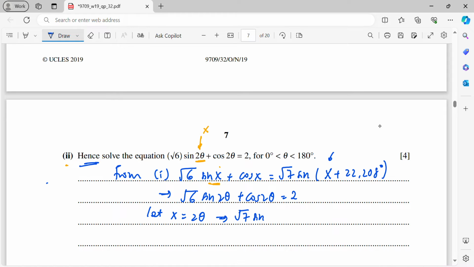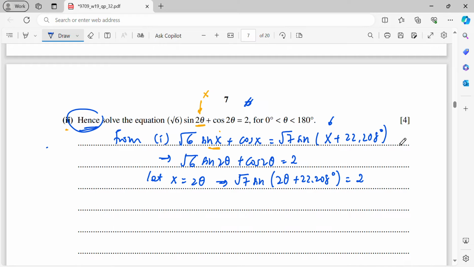So square root 7 sine 2 theta plus 22.208 degrees equals to 2. Because I'm changing the left hand side of the question here using the previous parts. That's the meaning of hence. Okay, so now when I need to solve this, sine 2 theta plus 22.208 degrees will be 2 over square root 7.